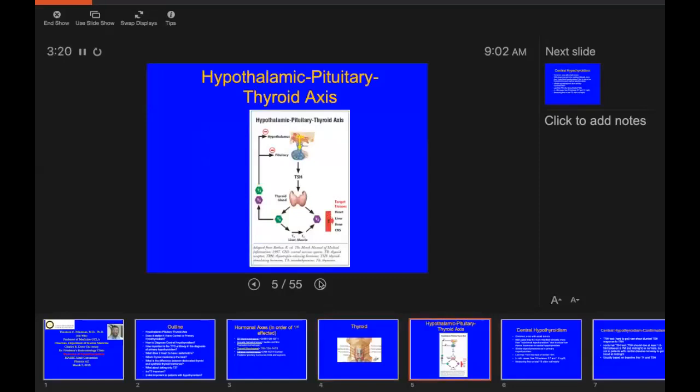The T3 primarily binds the thyroid hormone receptor in heart, liver, bone, and CNS brain tissues. We'll talk a lot about conversion of T4 to T3, which occurs mostly in the liver and muscle and some other cells. And the T4 and the T3 feed back and inhibit both TRH at the level of the hypothalamus and TSH at the level of the pituitary.